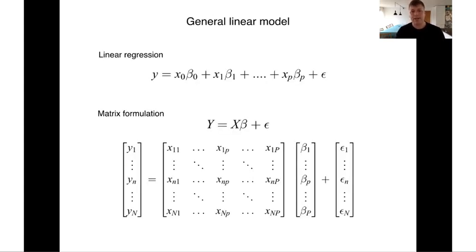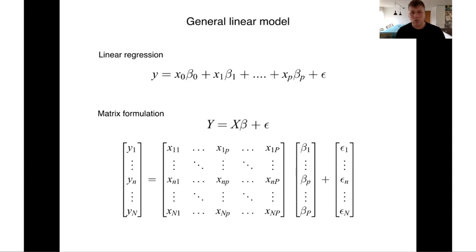So in the general case, this is simply a regression model where we have a linear combination of parameters or predicted responses, x times beta, for each parameter p, plus error.